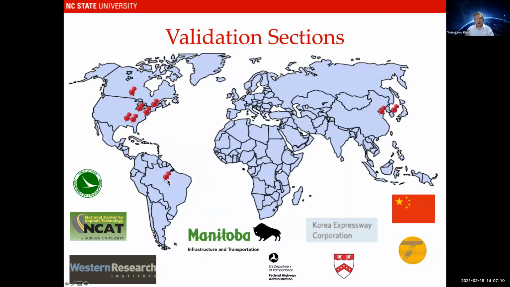They are actually trying to use FlexPave and all the tools that I showed today for their upper level national pavement design method. So we are working with the Brazilian government and Petrobras and a university consortium there to develop Brazilian FlexPave, and they are trying to use it for their mechanistic empirical pavement design. And some pavement from Shandong province, those are perpetual pavements, and pavements from South Korea.